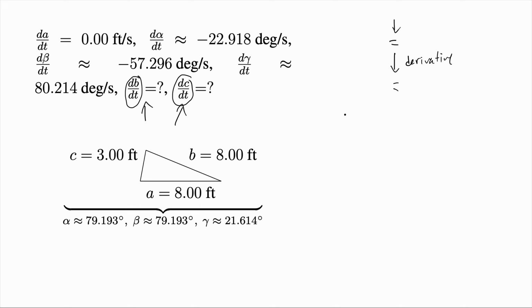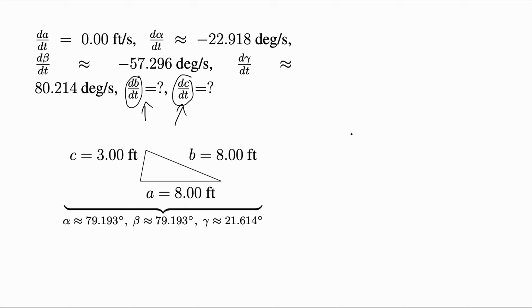The unknowns will be dB/dt and dC/dt. That's what we'll be solving for. They come out during a chain rule event after we've taken a derivative of the two equations. Let's get started. That was the schematic for where we're heading.